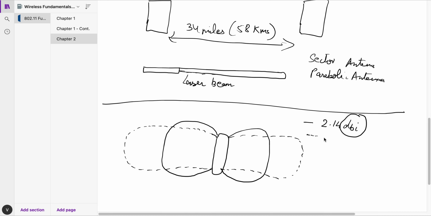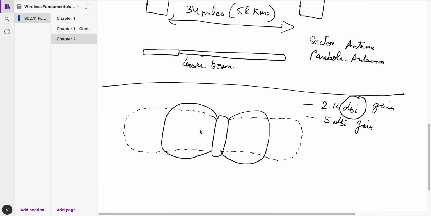Okay, so let's say this is a 5 dBi gain antenna. So what we are doing is we are actually pressing it from the top and increasing the coverage horizontally, whereas decreasing the coverage vertically. If we go one step further, let's say we have an antenna with a gain of 9 dBi.